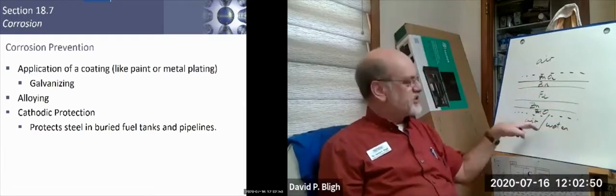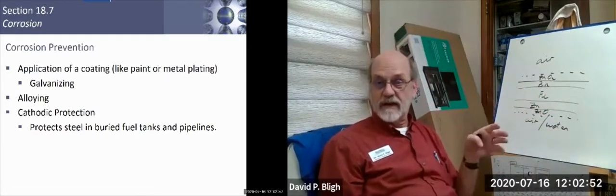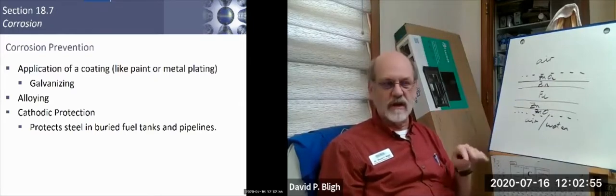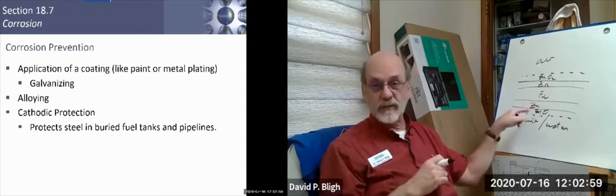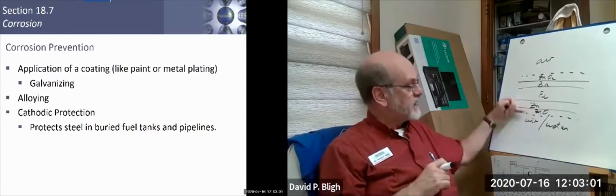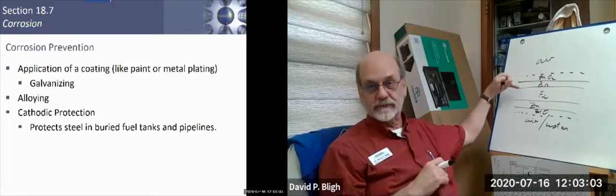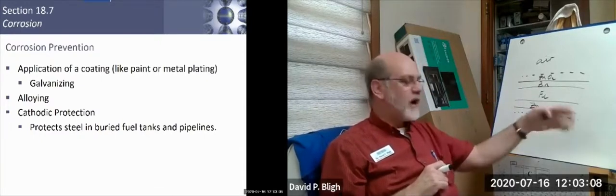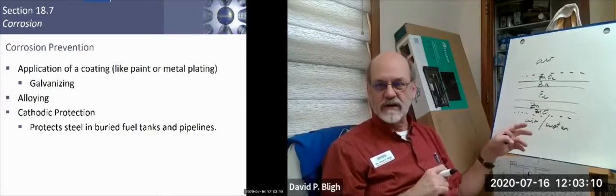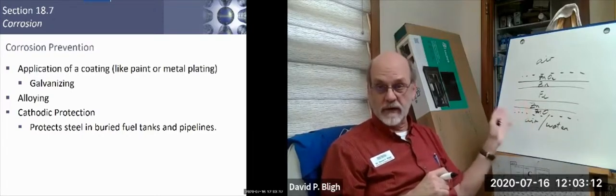So you don't want it to be shiny zinc on the outside. You want it eventually to be kind of dull and grayish, because that means you formed that protective layer of zinc oxide that protects the zinc, and the zinc protects the iron. If you rub off the zinc oxide or scratch it, then more of it forms to fill the gap.